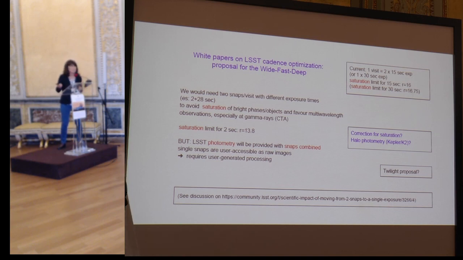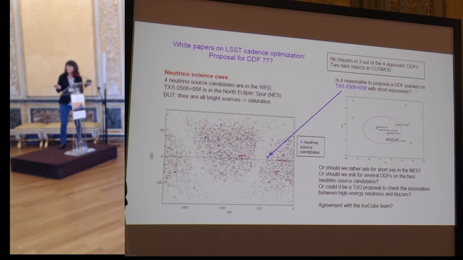Another thing is that we heard about twilight proposals for bright objects, so maybe this is something that we should consider. Last slide. Deep drilling fields. We were wondering whether to propose a deep drilling field point on the neutrino science case.